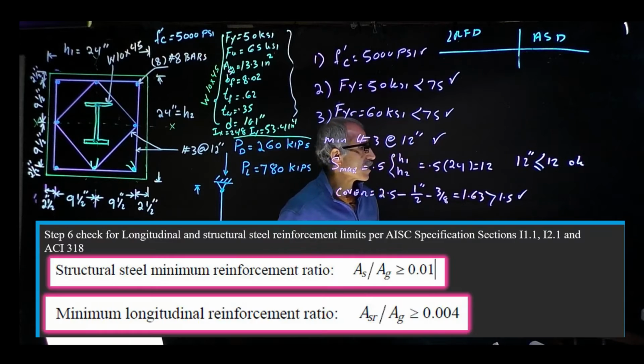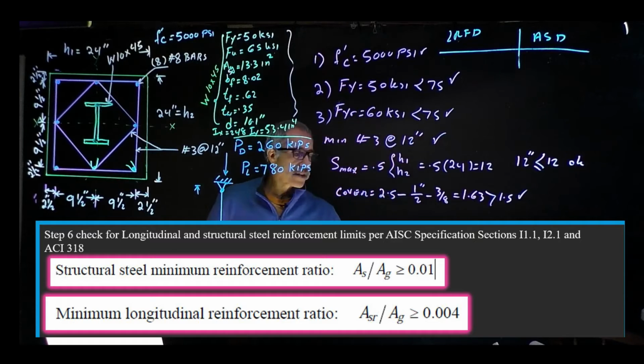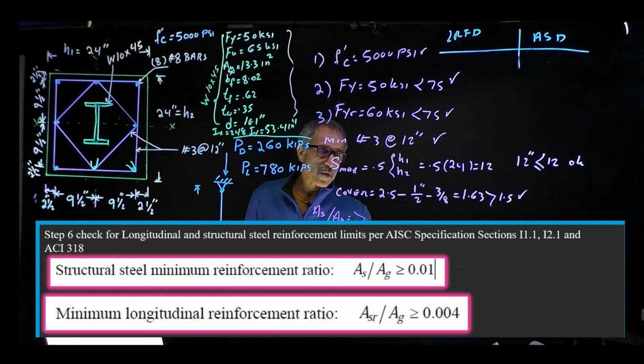It says the steel limit. Longitudinal and structural steel reinforcement limits are provided in AISC specification section I1.1 and I2.1. It's basically saying the area of the steel compared to the total area of the column should be bigger than or equal to 0.01.